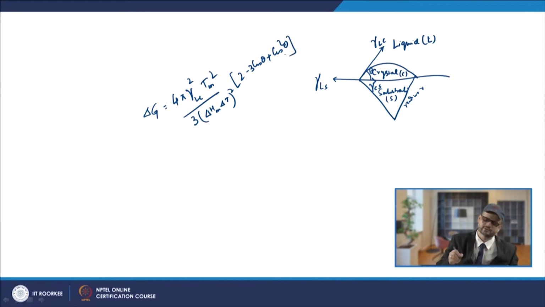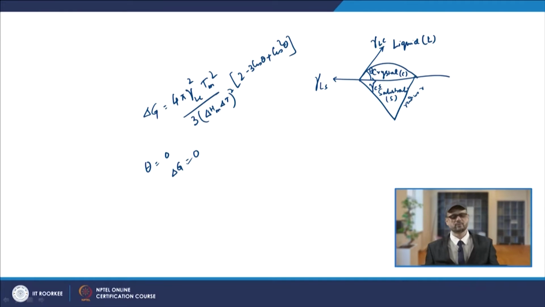That was the expression for the energy barrier for the nucleation. Now, mostly in the case of autogenous welding, when there is no filler and there will be complete wetting characteristics, theta becomes equal to 0. So, this term will become 0, and your delta G becomes 0.